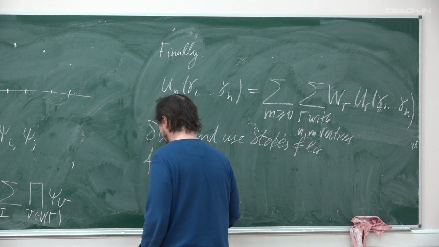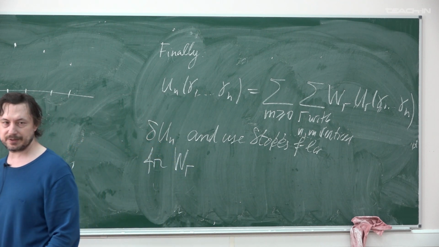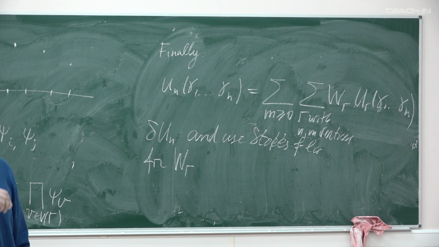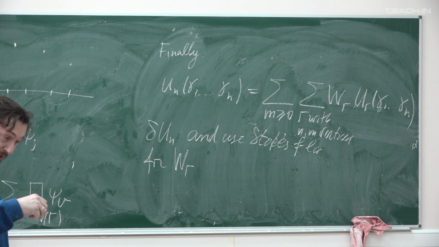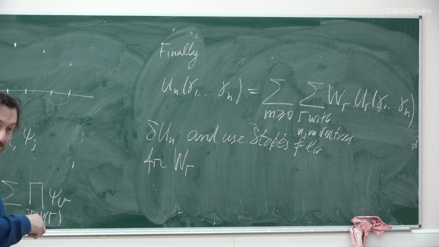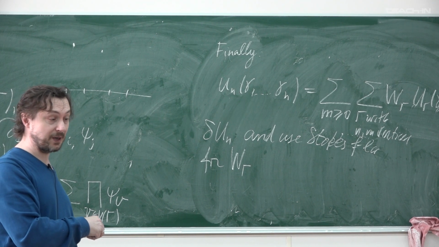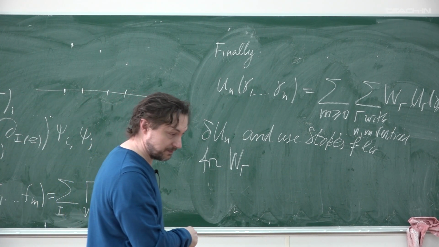You remember that W gamma used to be integrals of some differential forms against manifolds with boundary, spaces with boundary. So by Stokes' formula, when you differentiate them, you can replace this by integrating over the boundary. Then you use the construction which describes the boundary, which I explained, to prove that the construction will actually give you an infinity morphism.